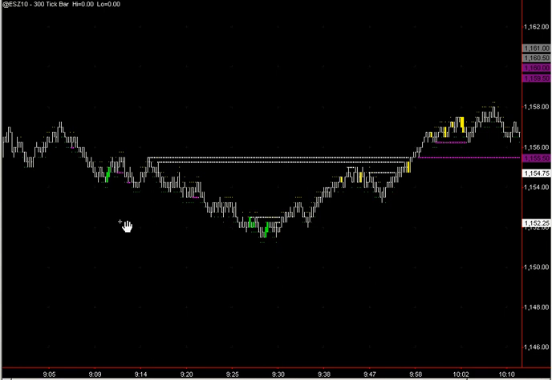So if you've gone long here, the indicator will provide a warning that the market is coming against your position. So that allows you then to take appropriate action to move your stop, or take whatever appropriate action you feel necessary, dump the trade or what have you.